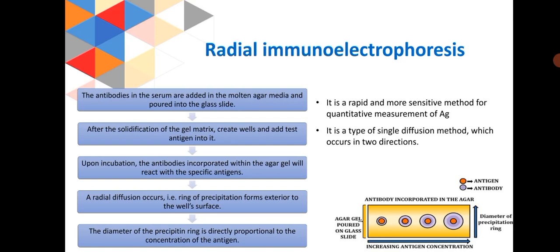A radial diffusion occurs, that is, a ring of precipitation forms exterior to the well surface. The diameter of the precipitin ring is directly proportional to the concentration of antigen. Radial immunodiffusion is a rapid and more sensitive method for quantitative measurement of antigen. It is a type of single diffusion method which occurs in two directions.